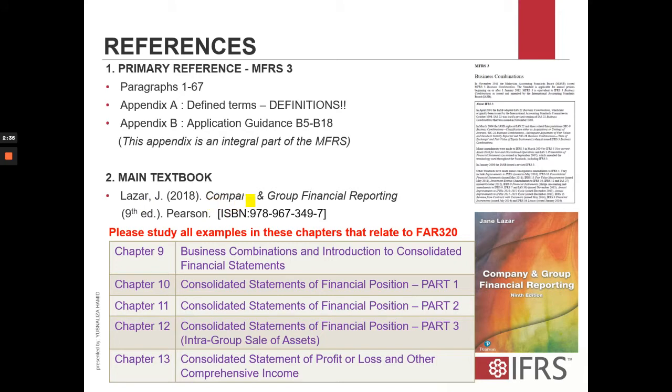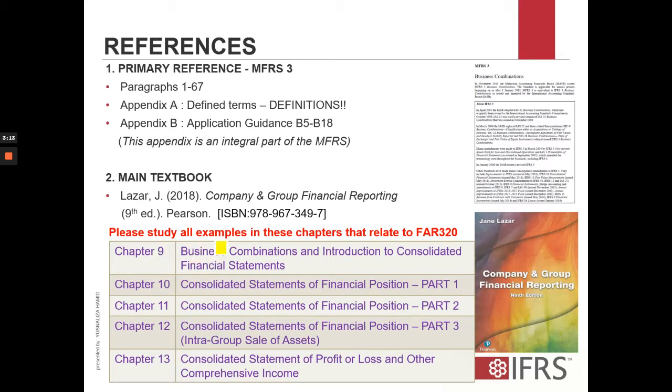The title of the book is Company and Group Financial Reporting. You are advised to study all examples in the chapters I mention that relate to FAR 320. However, viewers can also learn through this video presentation the MFRS 3 business combination itself, because I'm also going to explain it within the context of MFRS 3.